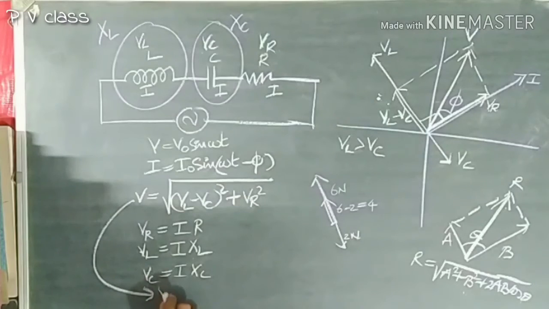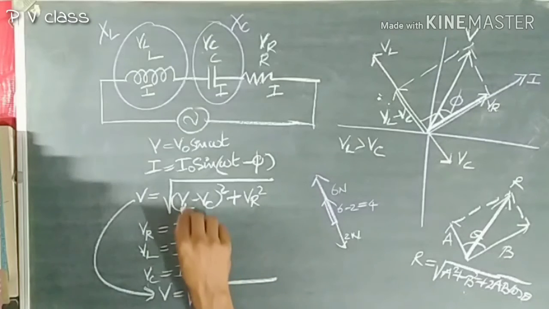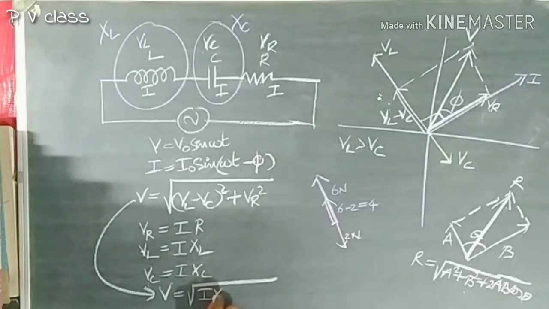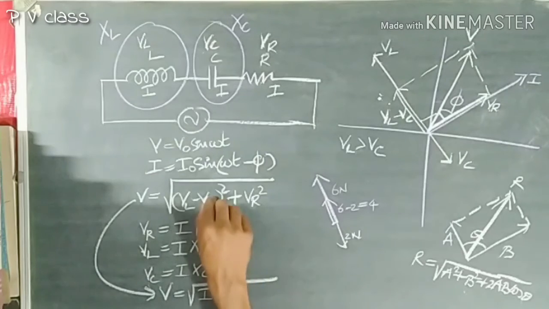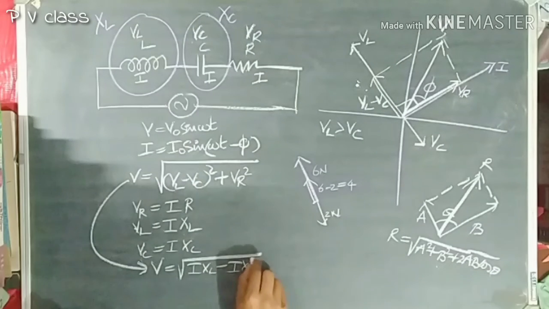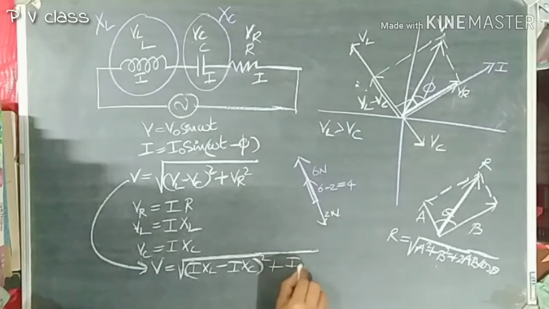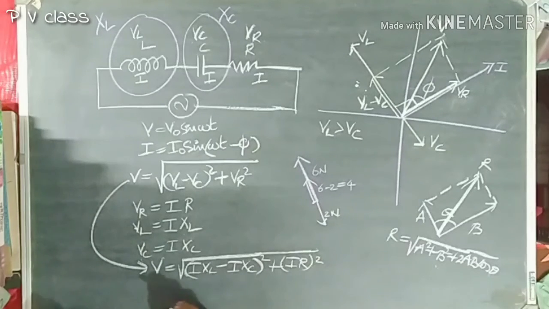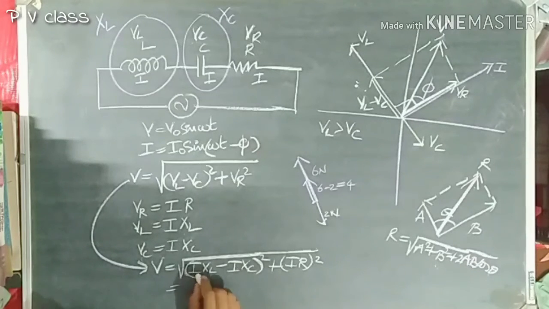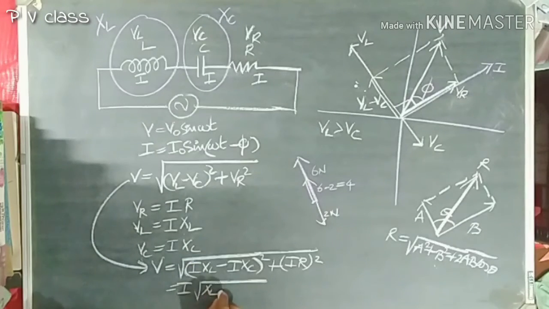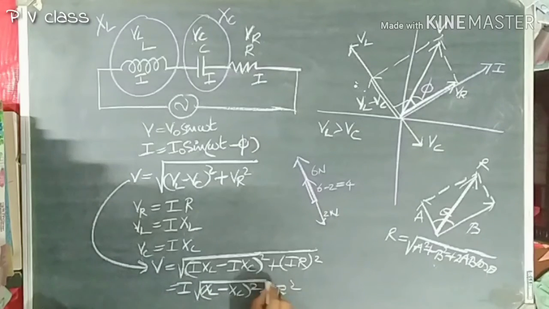Then we could rewrite this equation for V as V is equal to root of (I XL minus I XC) the whole square plus (I R) the whole square, from which we could take the I square common out, and if it is taken out of the root, I root of (XL minus XC) the whole square plus R square.